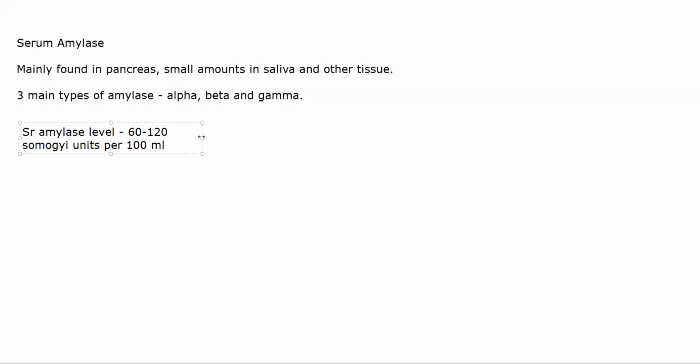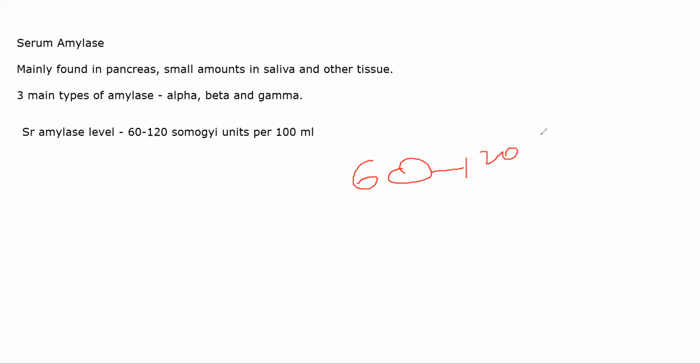Okay. What are these Somogyi units? Generally, in clinical reports or in your case sheet, it will be written as 60 to 120 U/dL, U/L. So those units are Somogyi units.